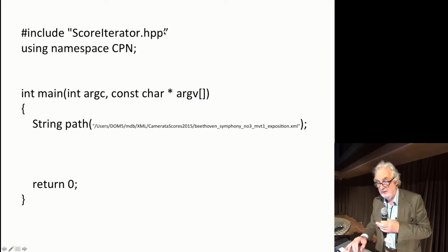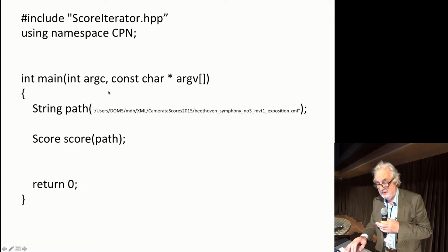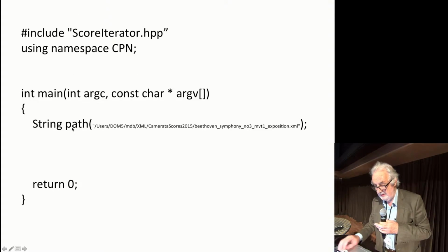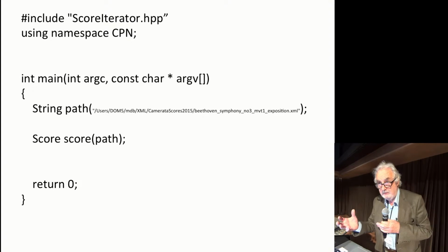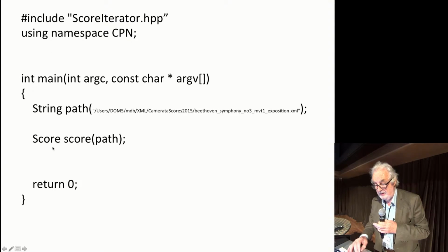The first two lines set up the environment, and this is essentially an empty program. The only thing it defines is the path of where to find the score of Beethoven's Third Symphony. I create a score object, capital S is for the class, and I call that score, giving it a parameter of where to find the score.